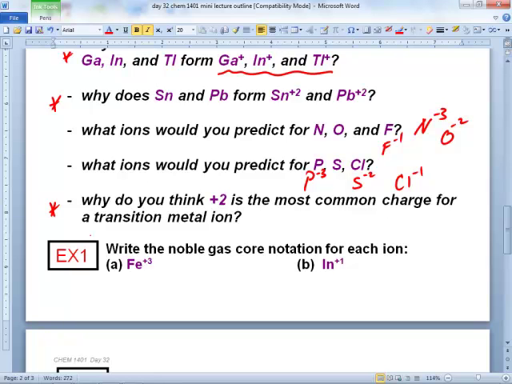So how would you start writing the noble gas core notation for iron? Ar in brackets, exactly. Okay, we'll put Ar in brackets. Perfect. Priscilla, then what do we do? Okay, now we're down here, so this would be 4s2.